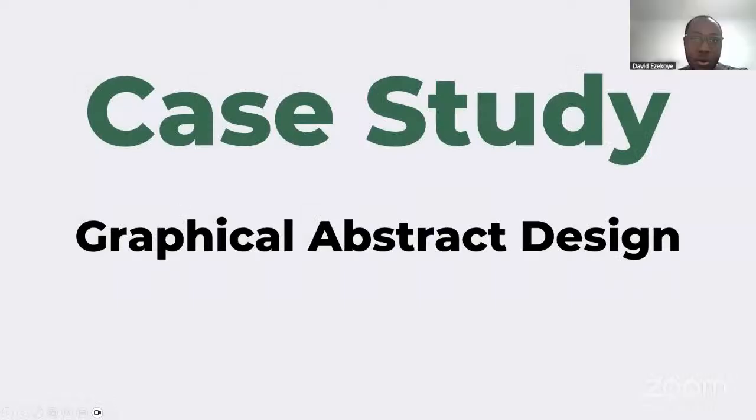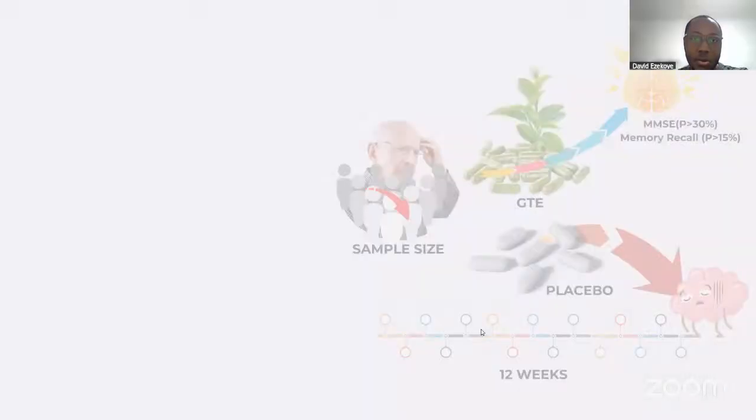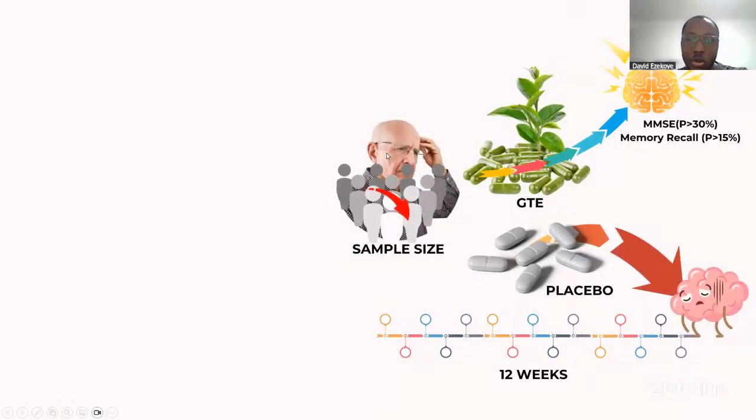So quickly, if you don't have the app on your computer, you can easily go to your browser and go to www.canva.com. All right. So this is what you're going to be replicating tonight, the graphical abstract on your screen.